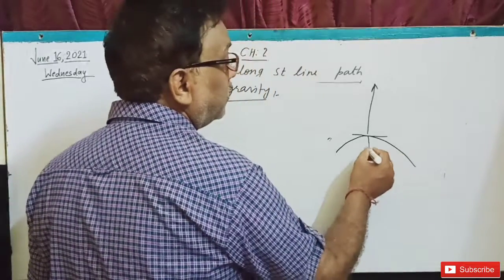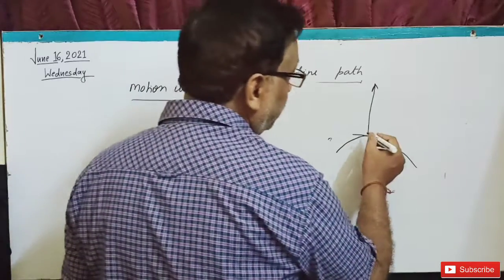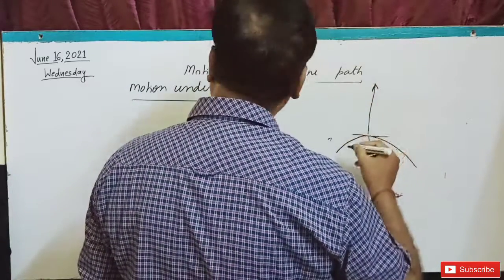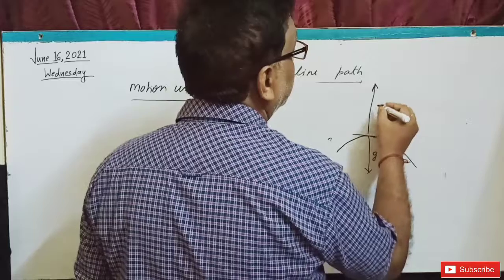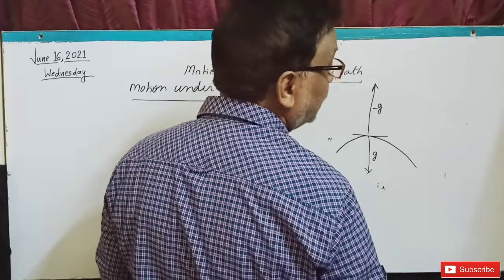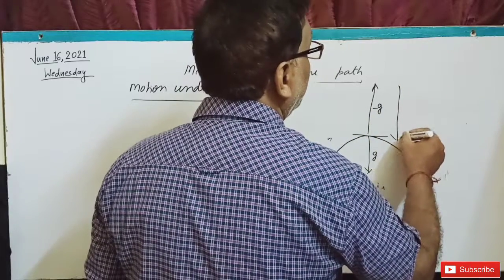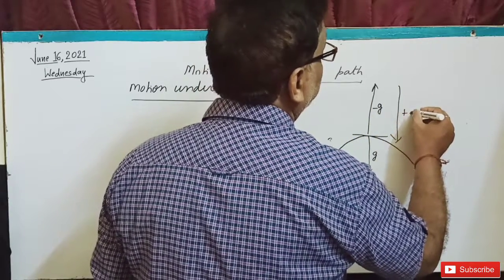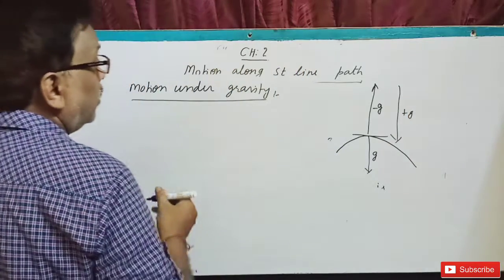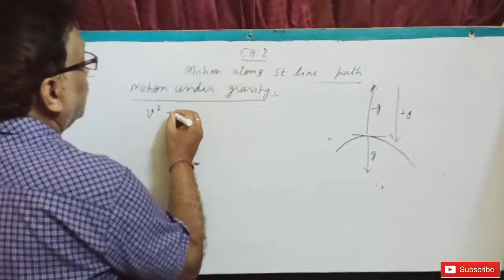So the direction of gravitation is along the center. Now when we are going above from the surface of earth, then this g, gravitational acceleration, must be negative. And when we move downward, then it is positive. Then our formulas change somewhat.